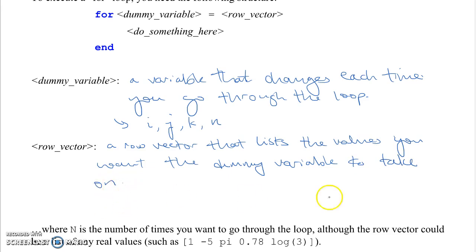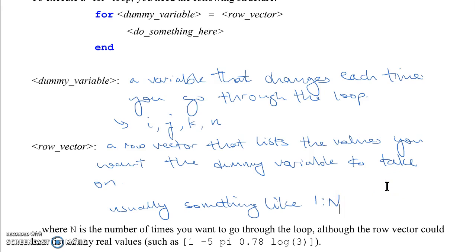And oftentimes this row vector will be something like 1:n, where n is the number of times that you want to go through the loop.